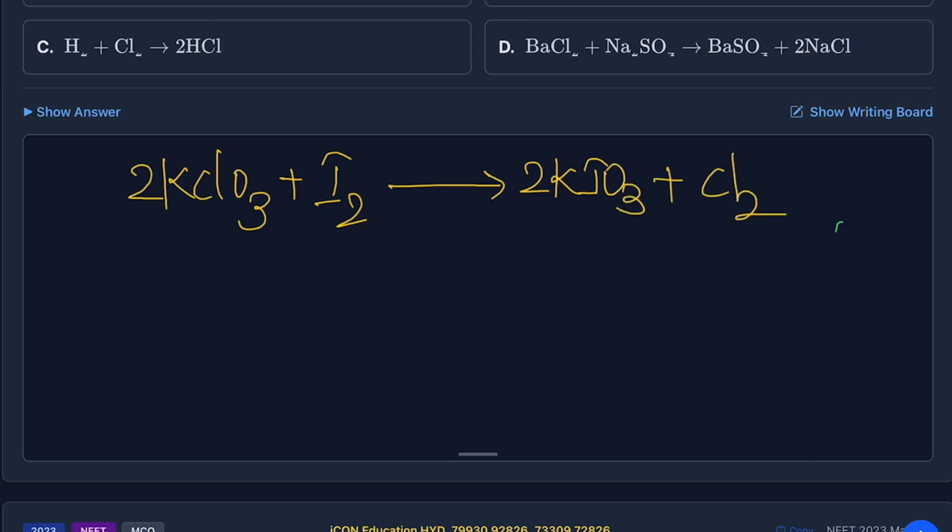Here iodine, I2, is present in the elemental form, which means it has a zero oxidation state. Chlorine is in the elemental form, so it is of zero oxidation state. Iodine is also in the elemental form, with zero oxidation state.